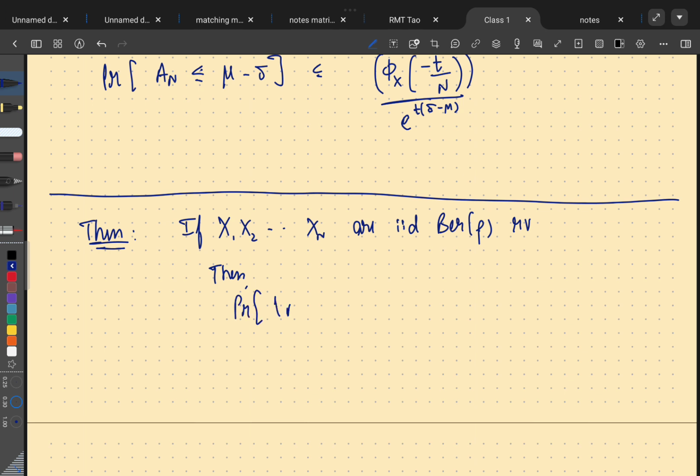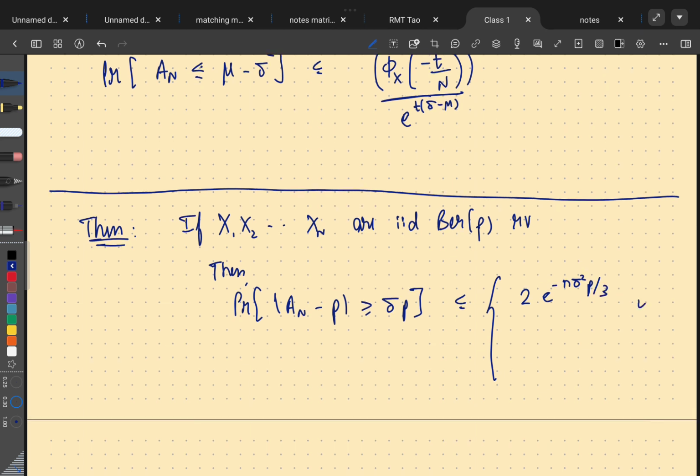the probability that An minus the mean is greater than or equal to some delta times the mean p is less than or equal to, there are two bounds, we'll use both. So 2 times e raised to minus n delta square p by 3.